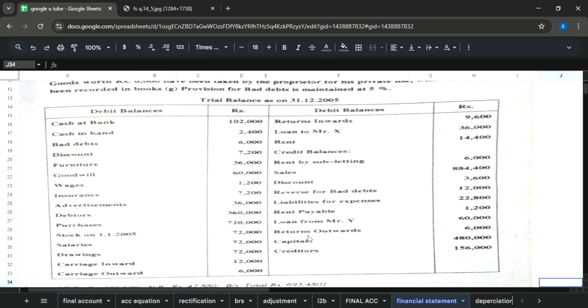The second thing to focus on is that there are no grand totals present over here, but still we will call it a trial balance because debit balance and credit balance are both appearing. It is a sort of trial balance without total amounts.